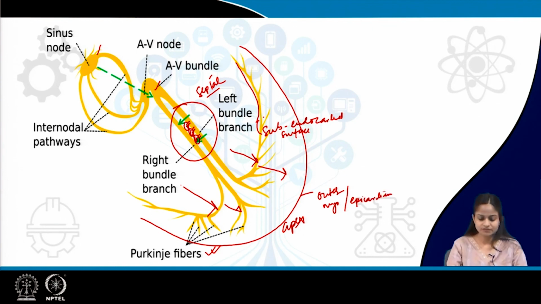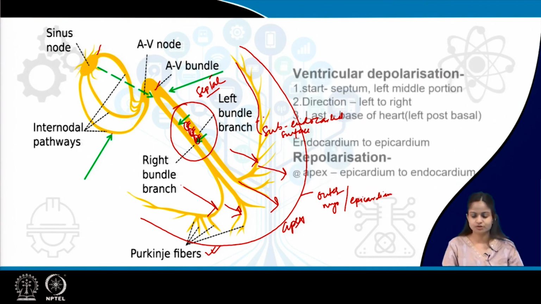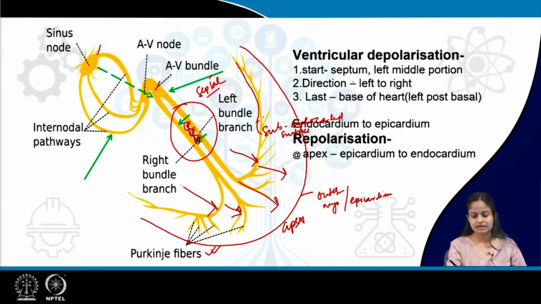So, the depolarization will be from the inner side towards the outer side, that means from endocardium to the epicardium, and the last portion to get depolarized is the basal portion of the heart. So, the posterobasal portion of the heart is the last portion to get depolarized. The start is the septum, and which part of the septum?